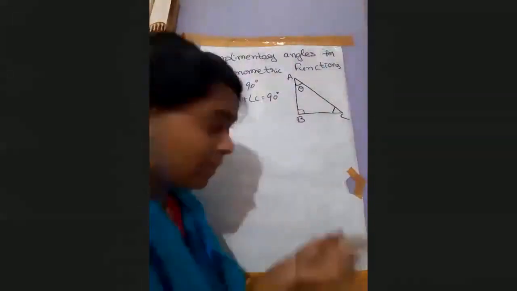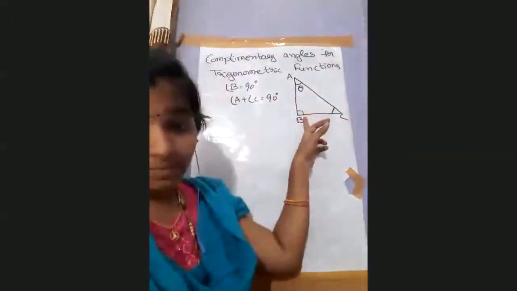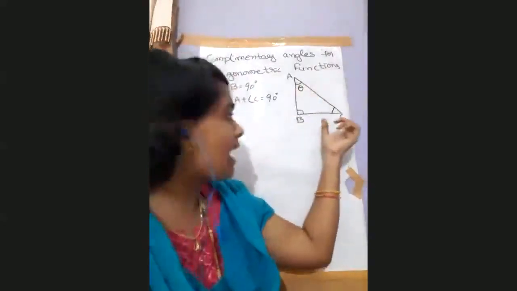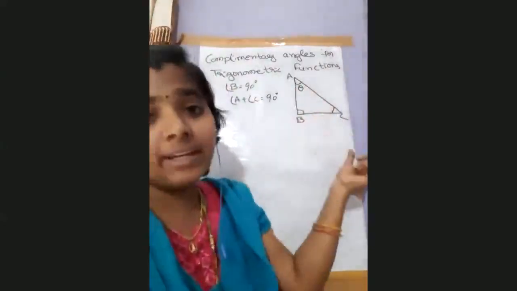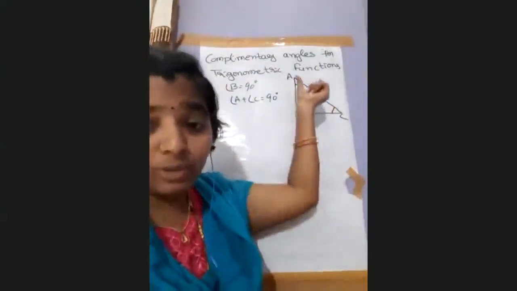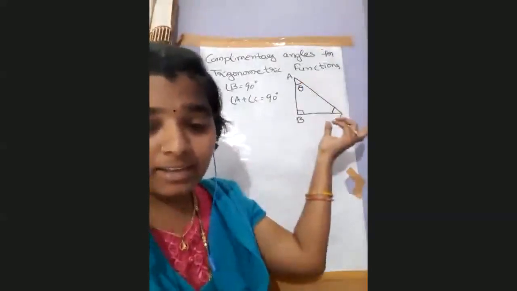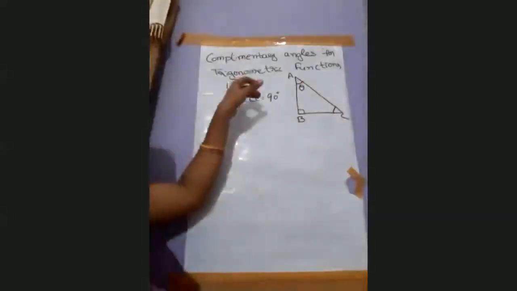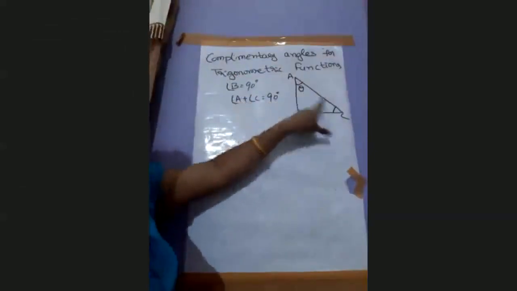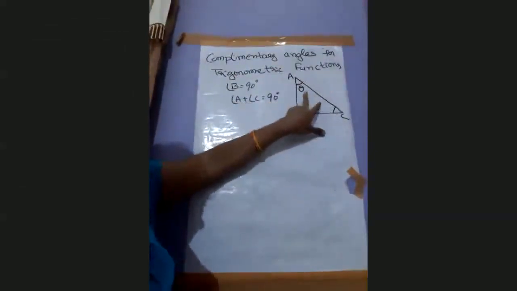Obviously correct, because angle B is 90 degrees. The sum of all angles in a triangle is 180 degrees, so the other two angles sum to 90 degrees. So angle A plus angle C, other than the right angle.